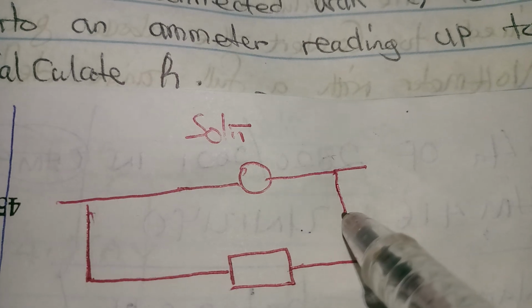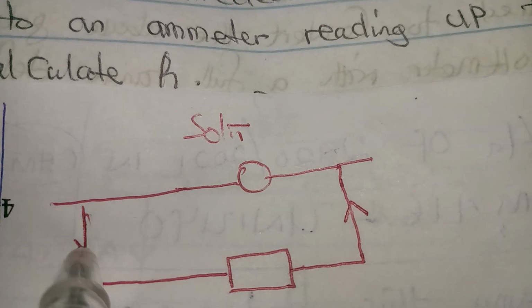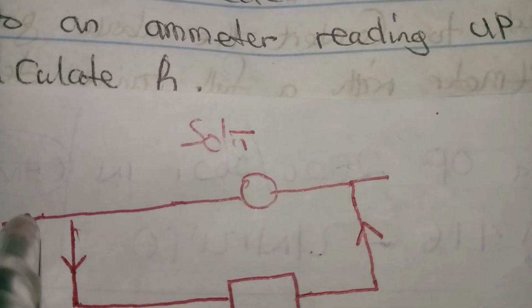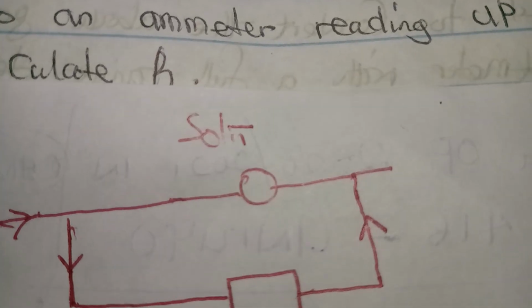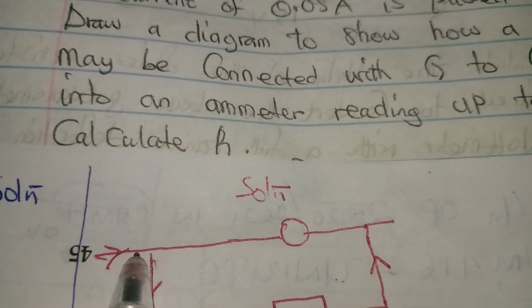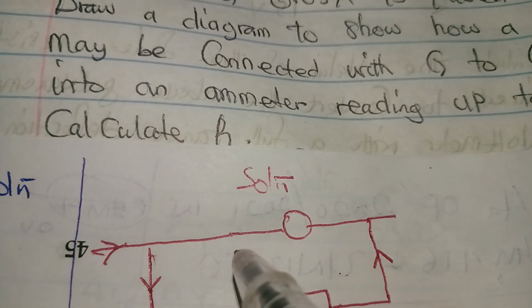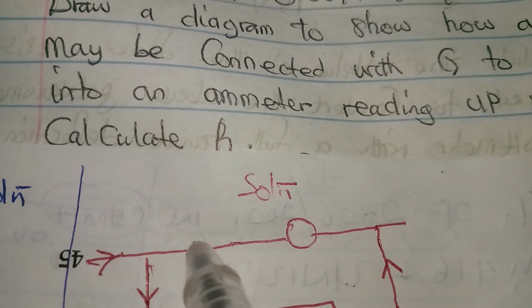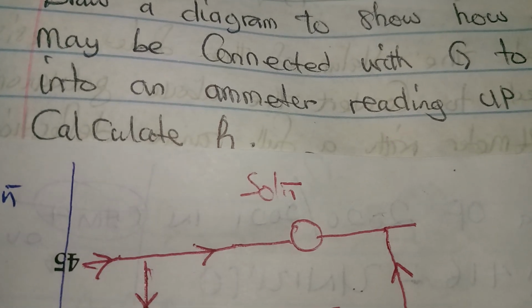This is the direction of current. When the current comes here, some of the current will go here, while some will come here.